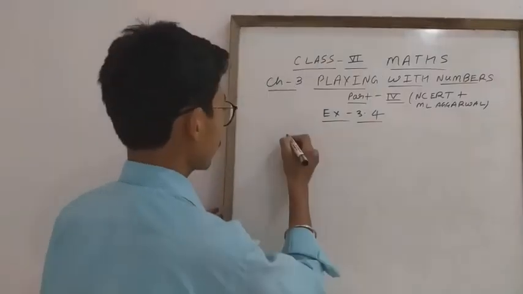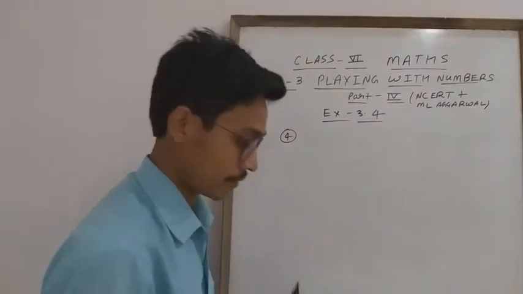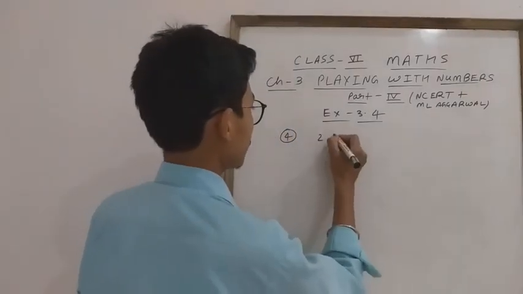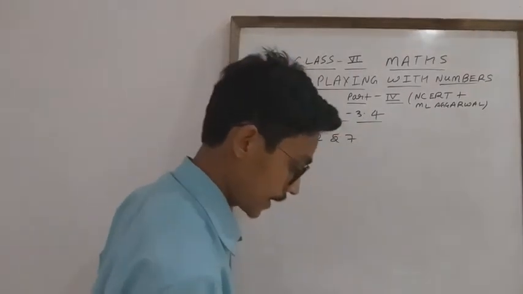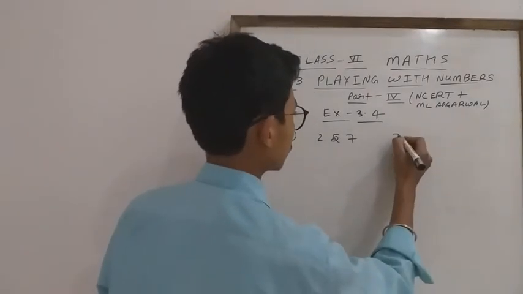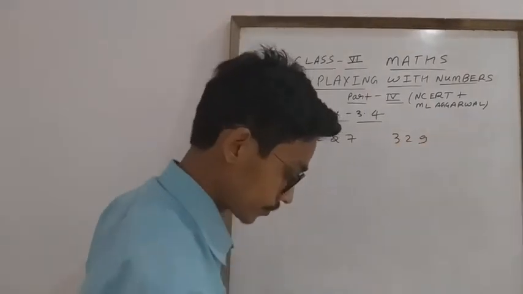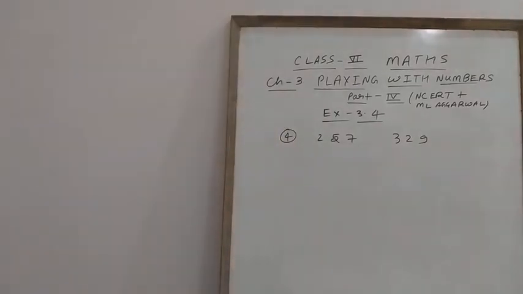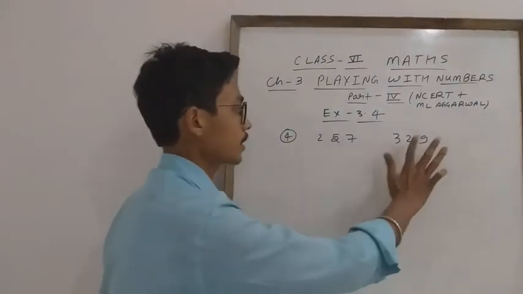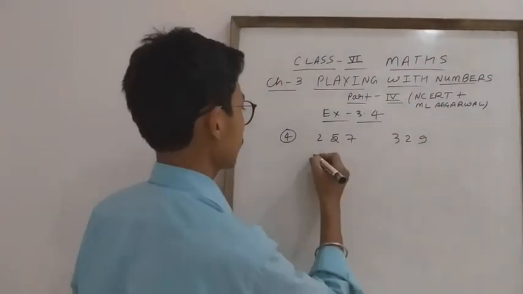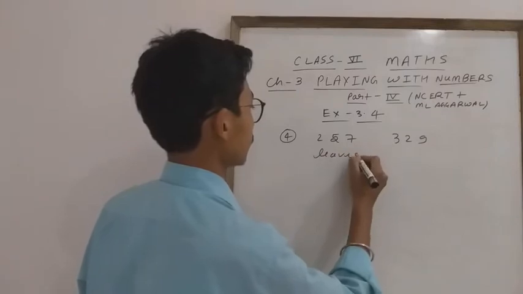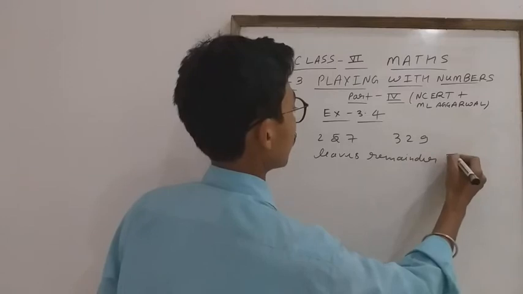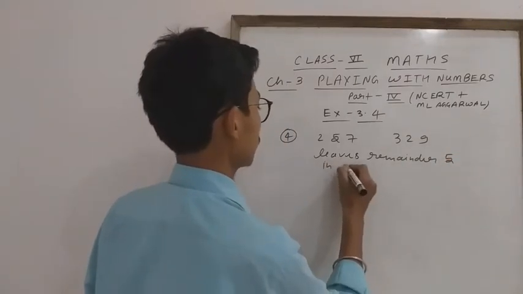So see, I am going to do question number 4. It is a little bit different. What is given? Find the greatest number which can divide 257 and 329 and leaves remainder 5 in each case.